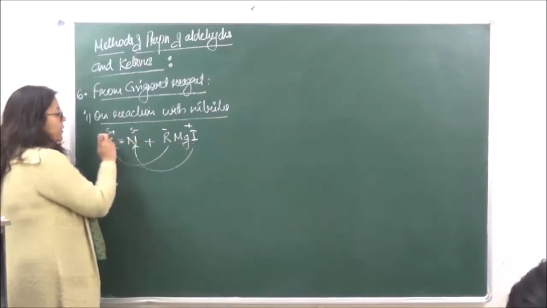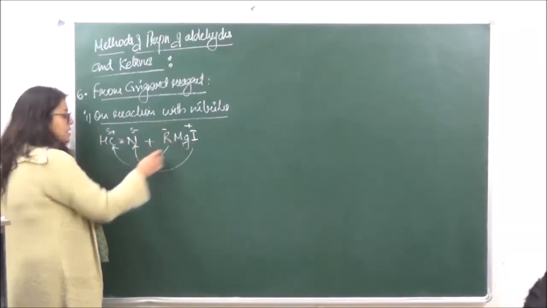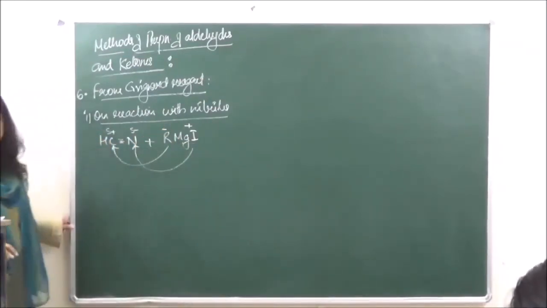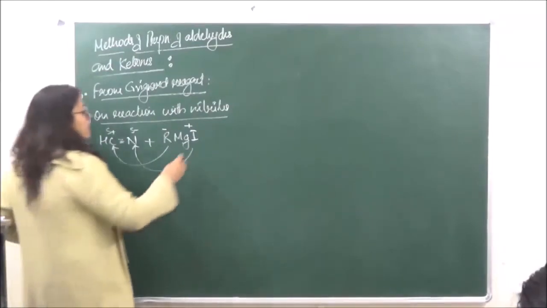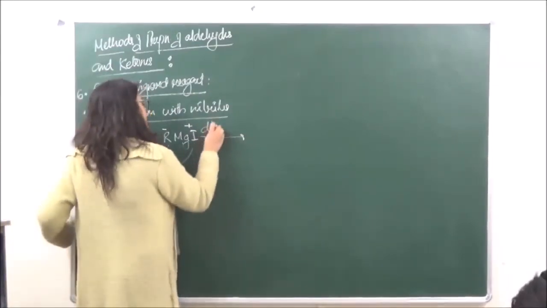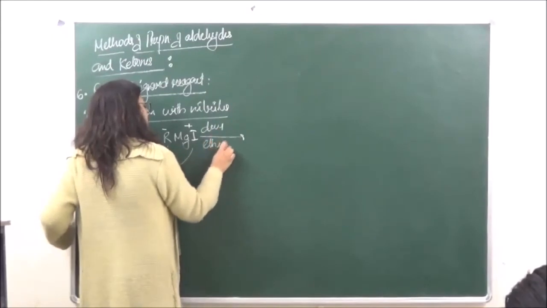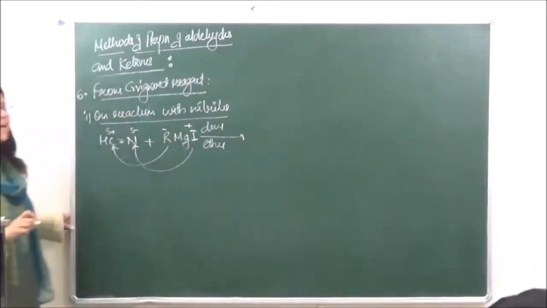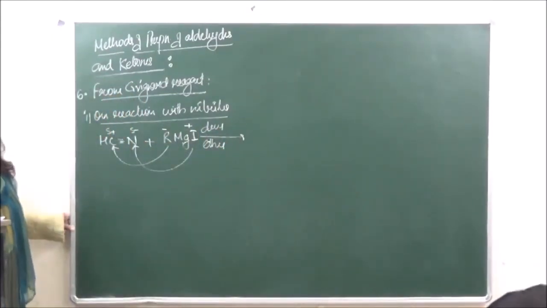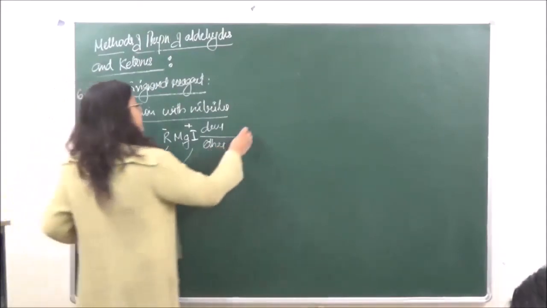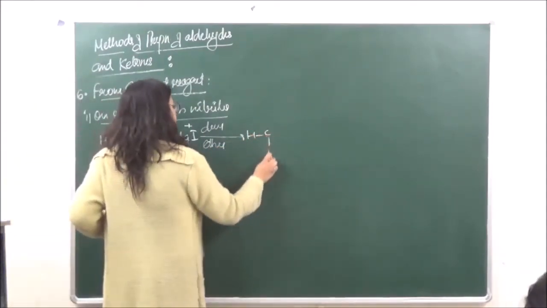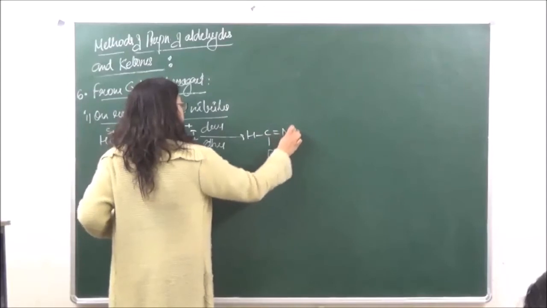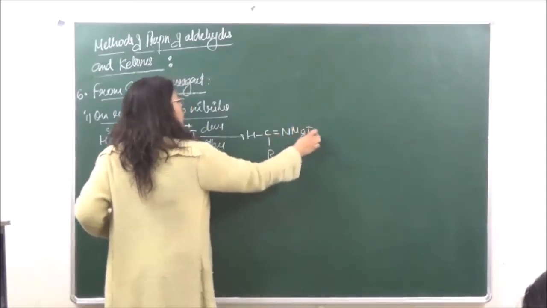So it will attack over here. The reaction is going to take place in presence of dry ether. Okay? When we are going to get over here an addition product of this type.